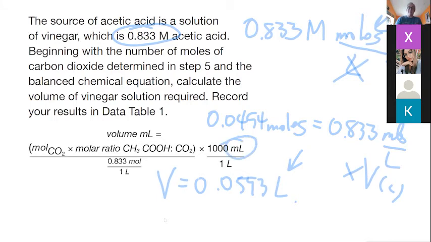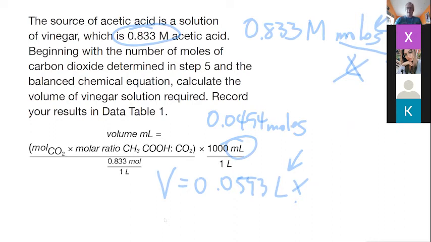So we have to take this and convert it to milliliters. I have liters, I want to convert to milliliters. How am I going to do that? I need another conversion factor, times 1,000 milliliters per 1 liter.